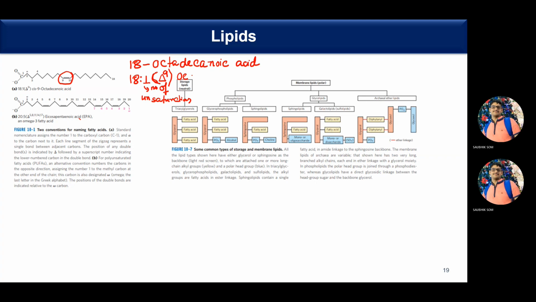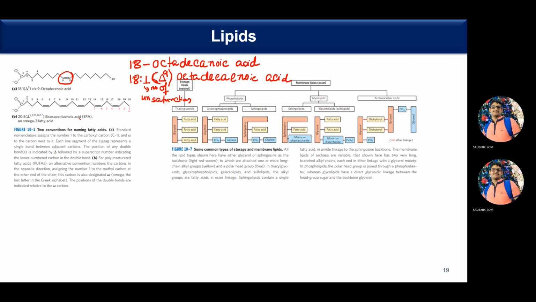Then since it's octadeca, it's an enoic acid, correct? So I will write it like this: octadecenoic acid. Like methane, or say butane is 4 carbons with no unsaturation; butene has 1 unsaturation, like that.